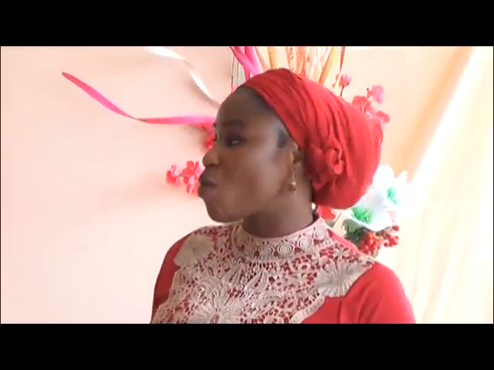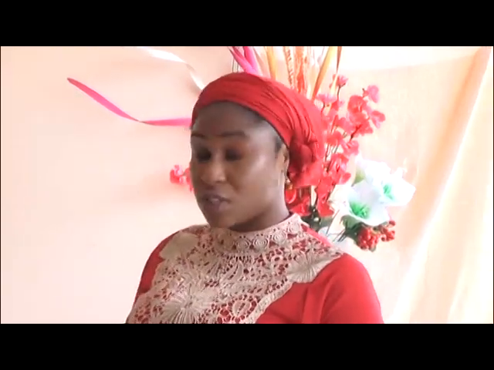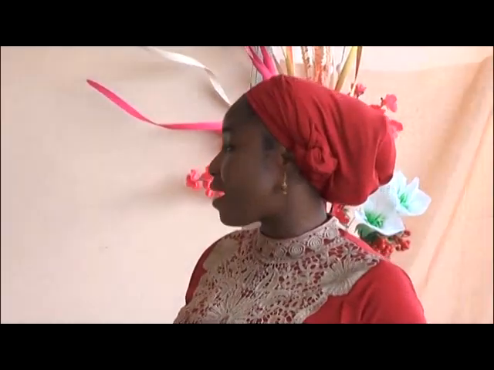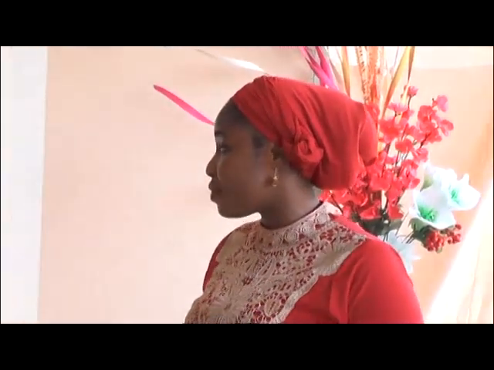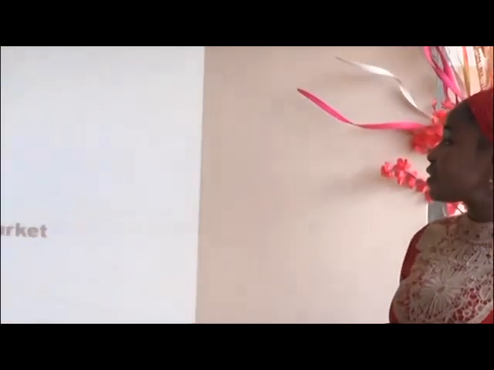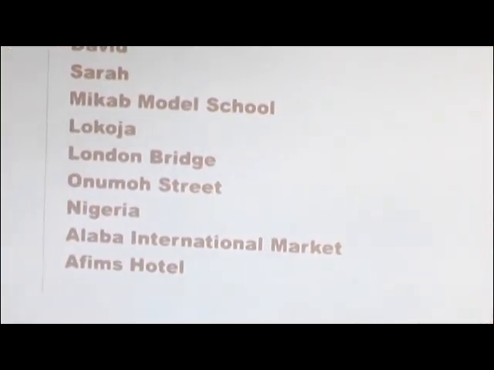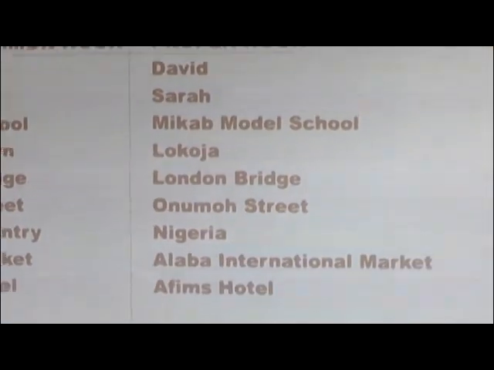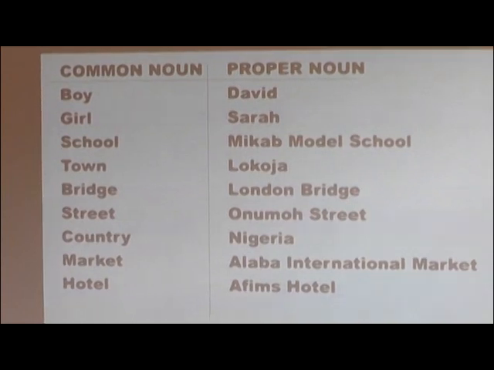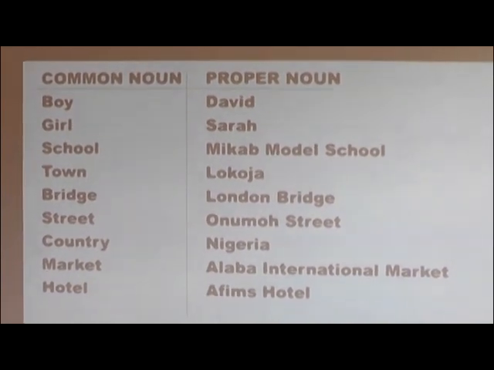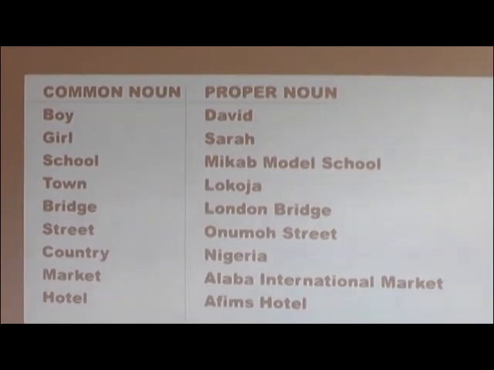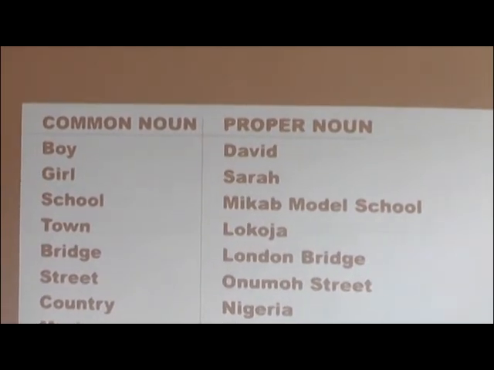Well, the table we will be seeing will help us more to differentiate between a common noun and a proper noun. Now on that table, we have common noun and we have proper noun. Please, I want you all to look at the table very well. We have boy there. That boy is a general name.